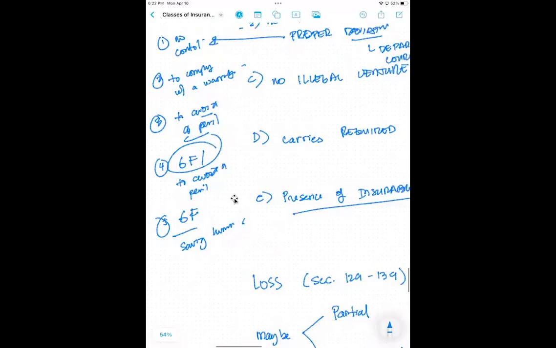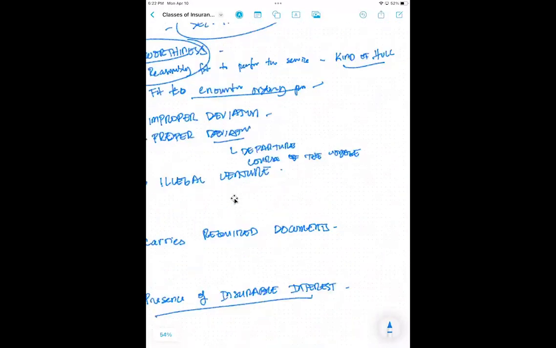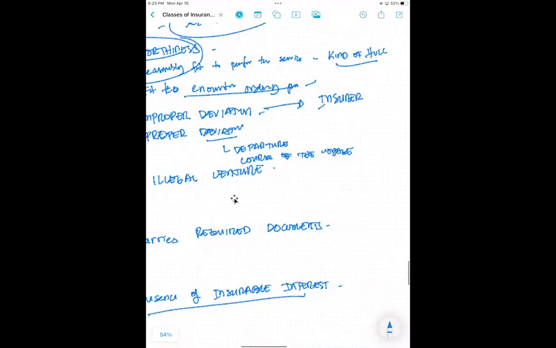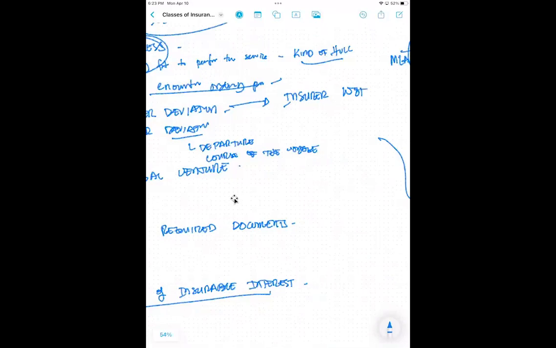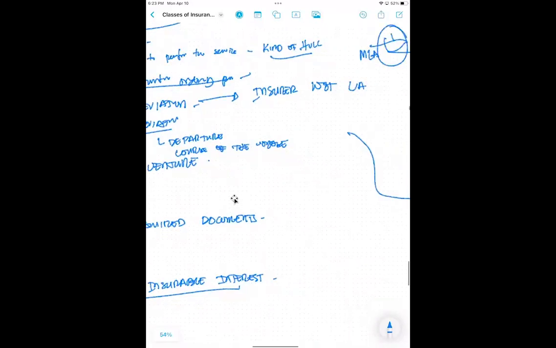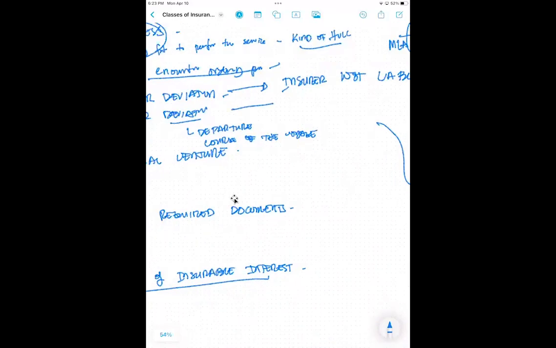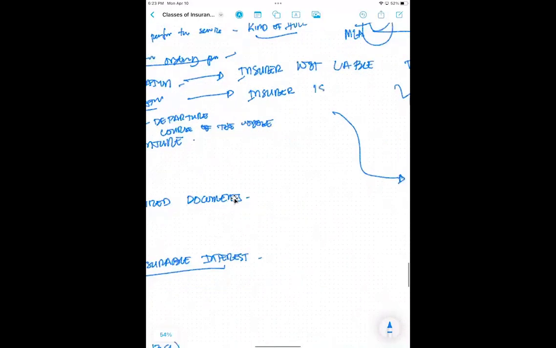Now, again, to summarize, when there is improper deviation and loss occurred, then the insurer is not liable. And conversely, if there was proper deviation, the insurer is liable.